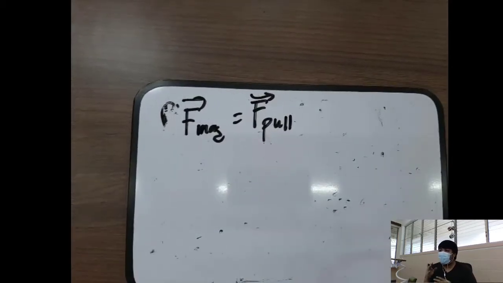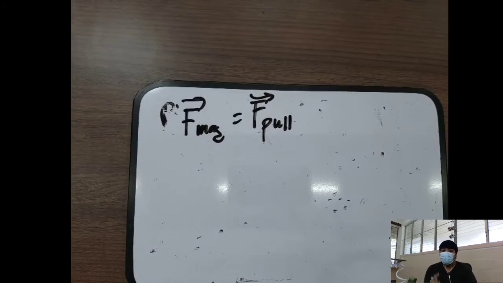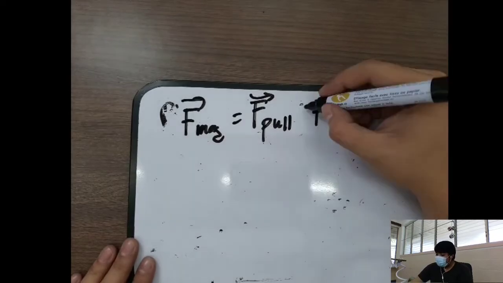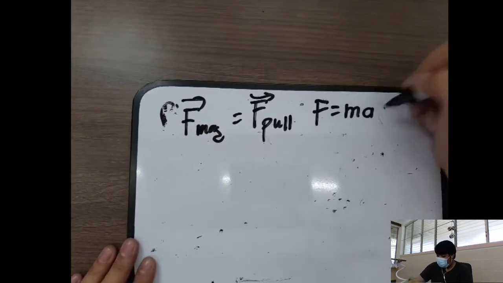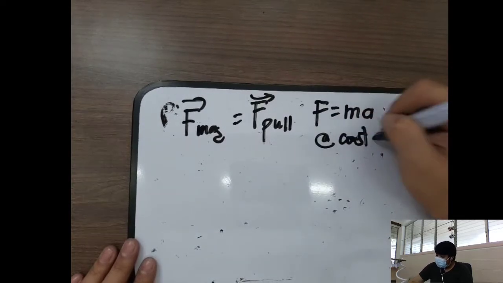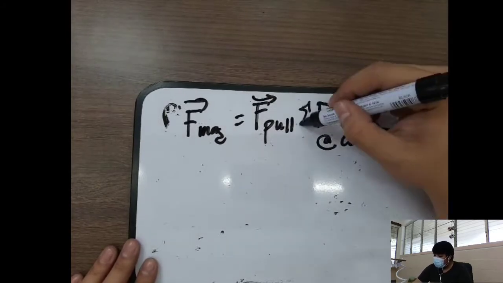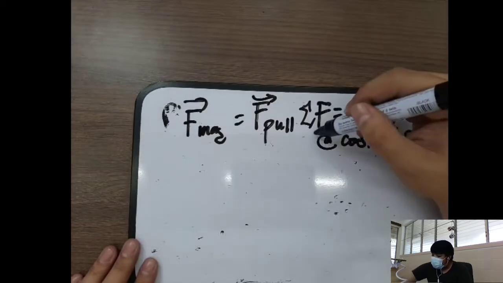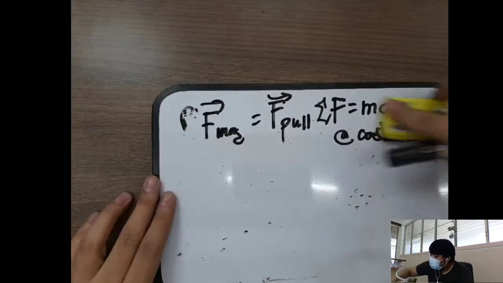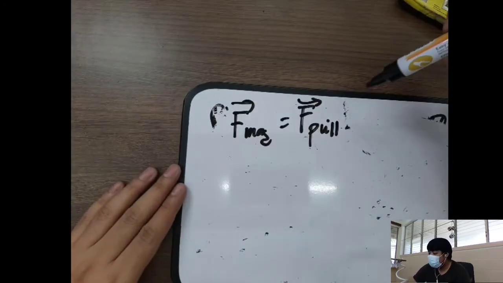Remember that in order for it to move at a constant velocity, the net force should be 0, as indicated by Newton's second law of motion: force is equal to mass times acceleration, and at constant velocity, acceleration is equal to 0, therefore the net force should be equal to 0. That means these two forces should cancel out each other.